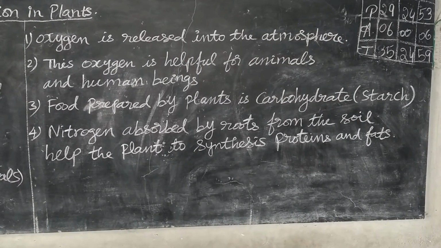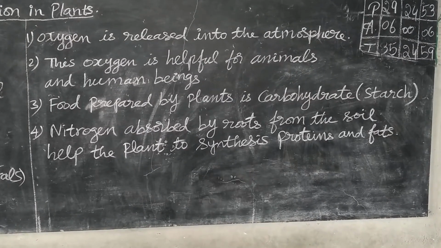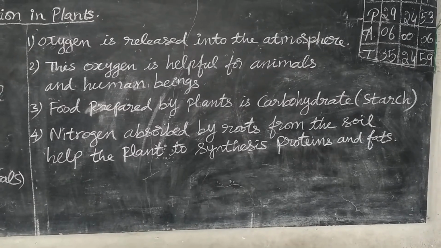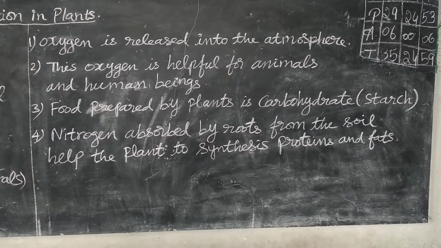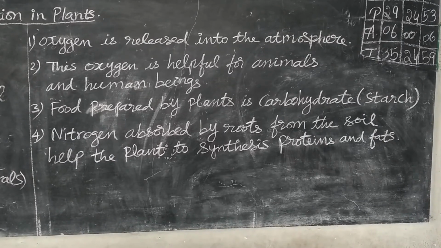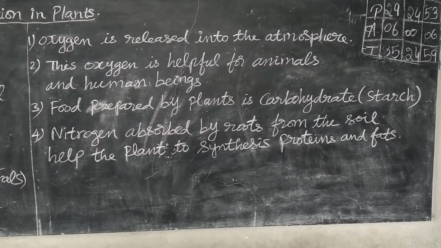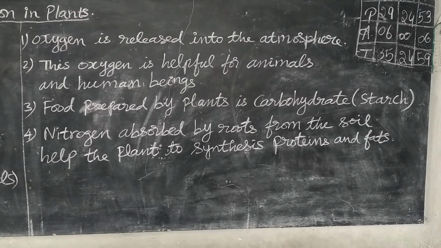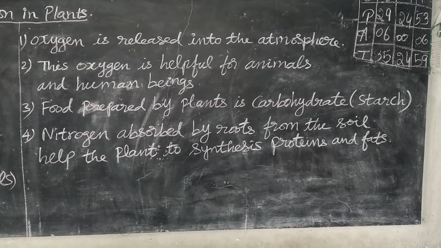There is plenty of nitrogen in the atmosphere, but plants cannot absorb nitrogen directly from the atmosphere. Then how do they do this? There are useful bacteria in the soil. Those bacteria convert this insoluble nitrogen into soluble form for plants to absorb.